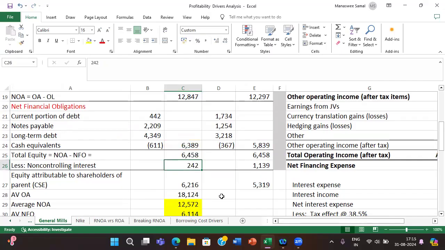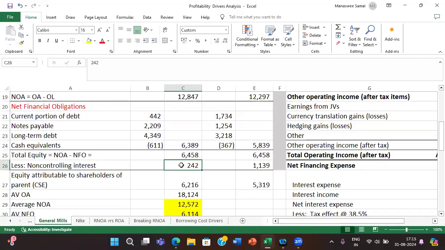Since we are calculating ROC, that is based upon the total equity, bifurcation of equity into the two components as you would find in the consolidated balance sheet, that is, one portion is attributable to non-controlling interest stakeholders, and the remainder part is equity attributable to shareholders of the parent. I think almost each one of you should be clear about this bifurcation. In case somebody is just unable to connect to this point, let me clarify.